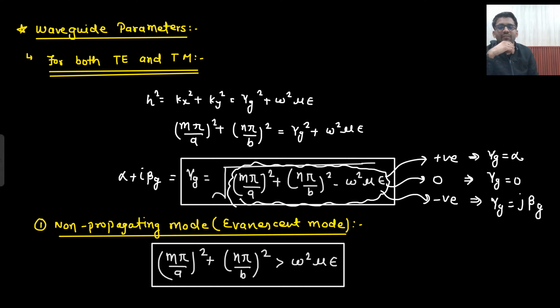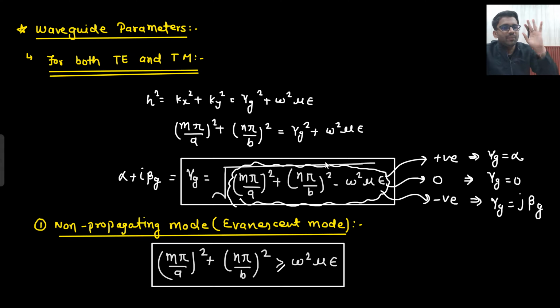So our guided propagation constant is coming out to be this value. It could be positive, negative or 0. So if this is greater, that means this value would be positive, or I can also put the equal sign, because if they are equal, then it would be 0 only.